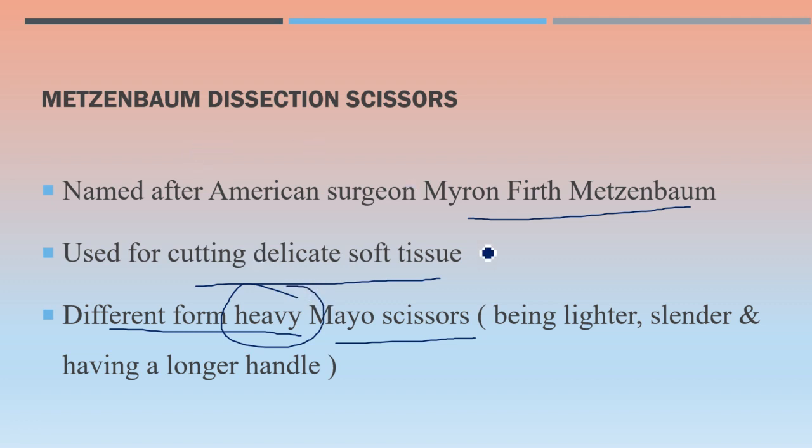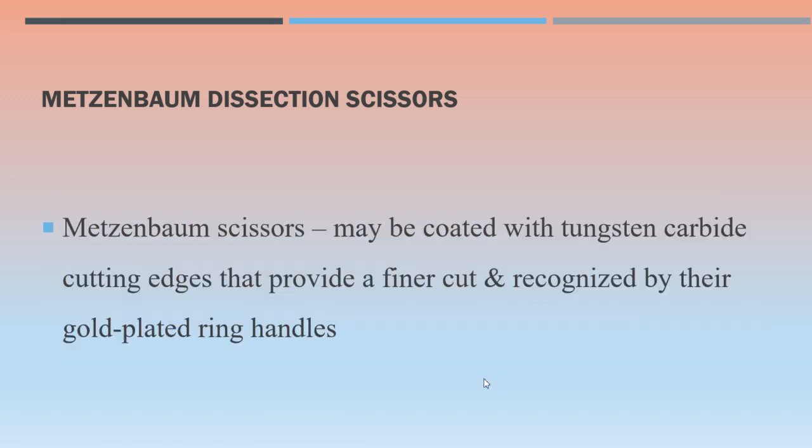Whereas the Metzenbaum dissection scissors are lighter, slender, and have a longer handle, right? Okay.